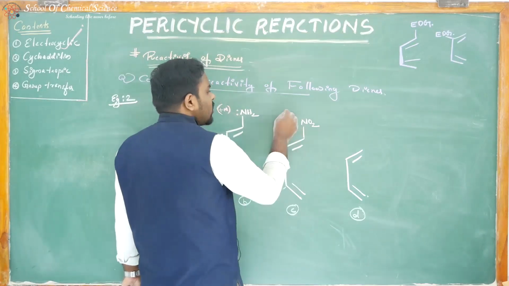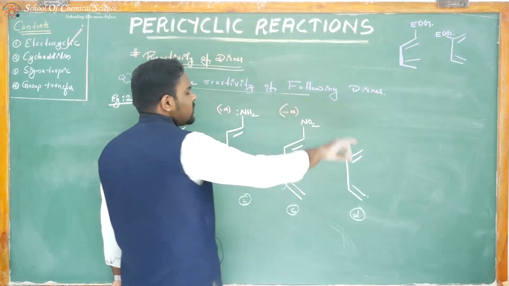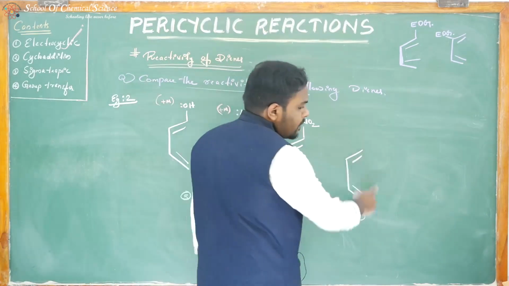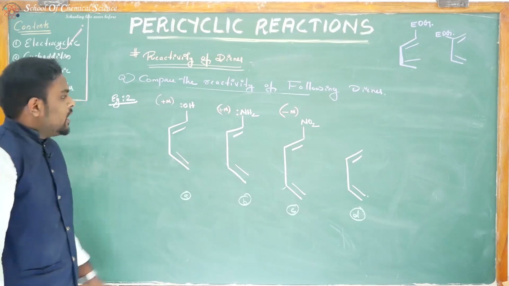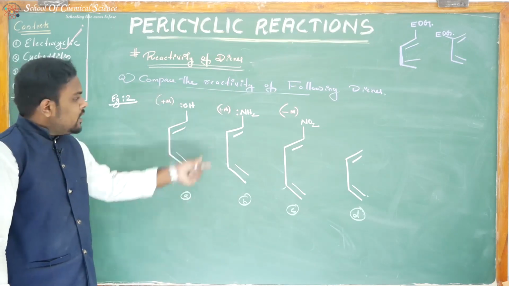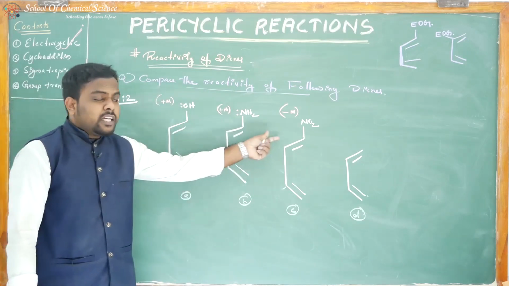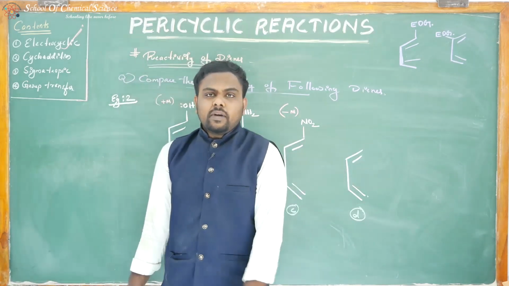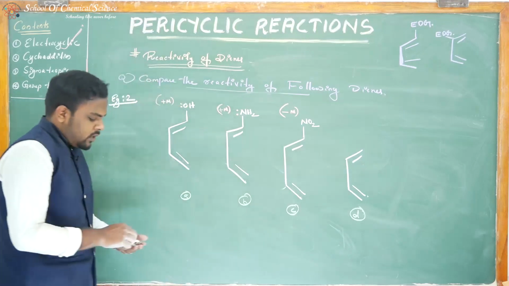Here NO2 is an electron withdrawing group, minus mesomeric effect. See, this is symbol 1,3-butadiene. So OH is electron donating, NH2 is electron donating, but NO2 is a powerful electron withdrawing group. My question, what is the order of reactivity?